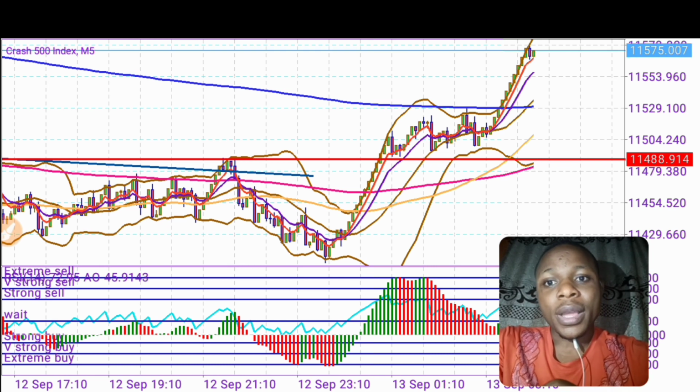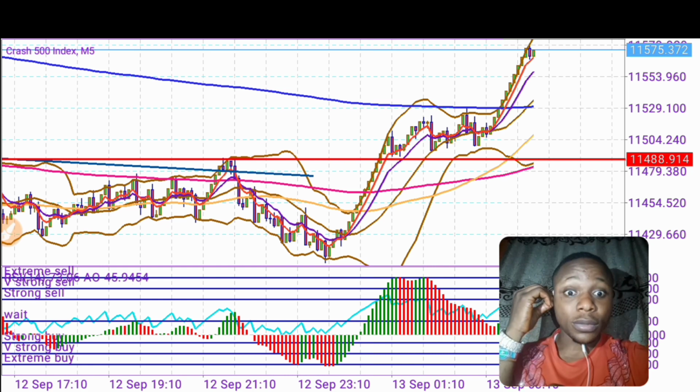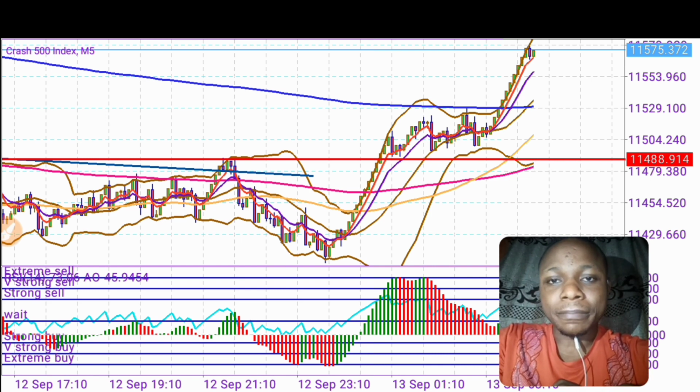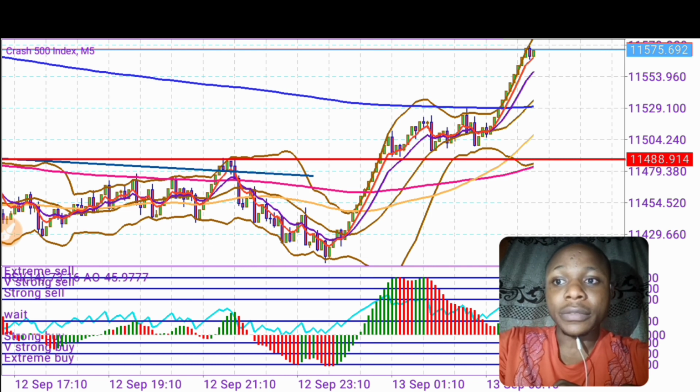In this course, we're going to be treating how to detect spikes on boom and crash. Trust me, if you know how to detect spikes, though it requires more effort and more analysis, and you have to consider so many things to detect a spike, maybe a spike or multiple spikes.